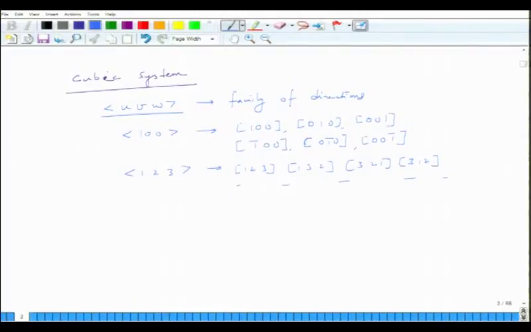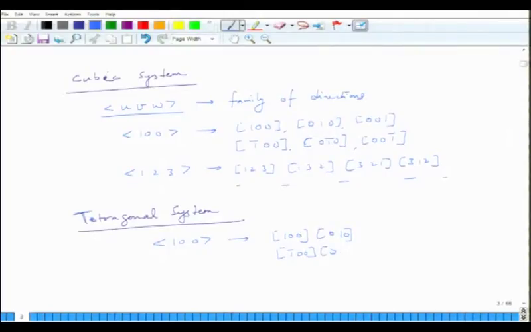Similarly, in the tetragonal system, 100 will mean only 100, 010, bar 100 and 0 bar 10, and 001 would mean 001 and 00 bar 1, because the translation along those two is different.